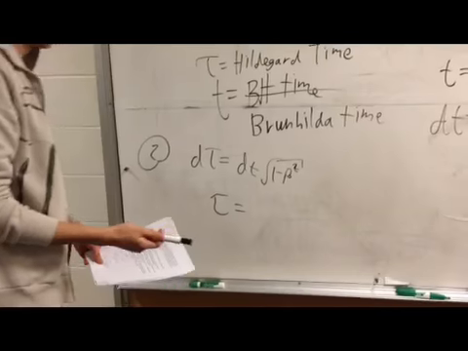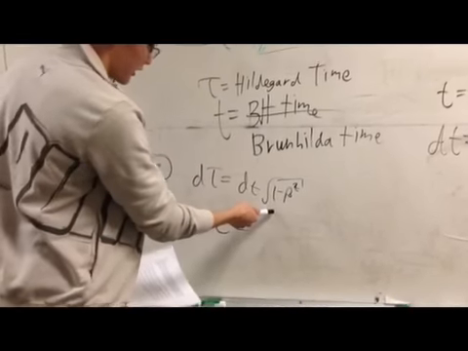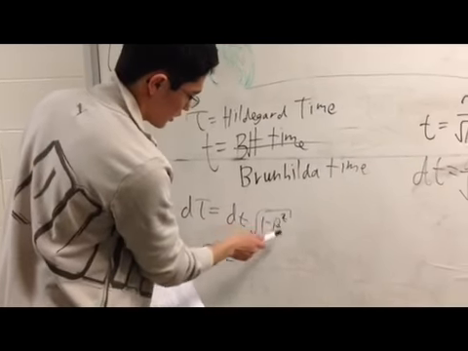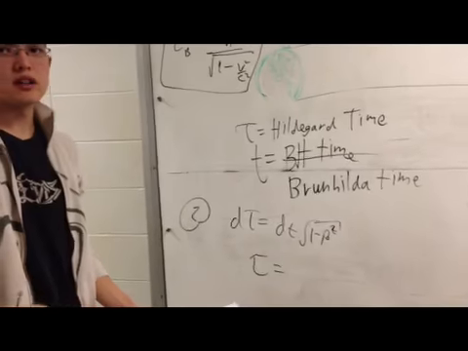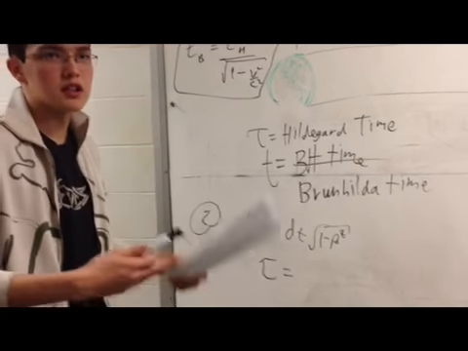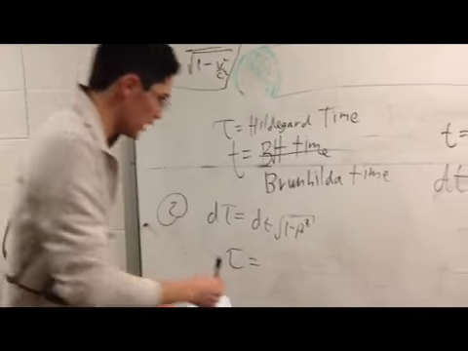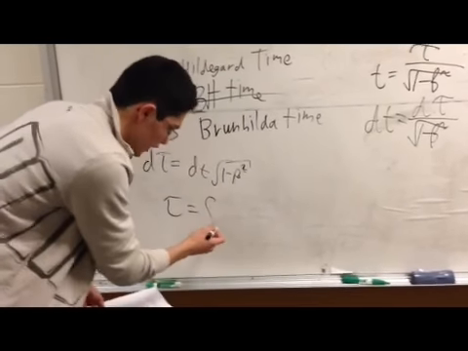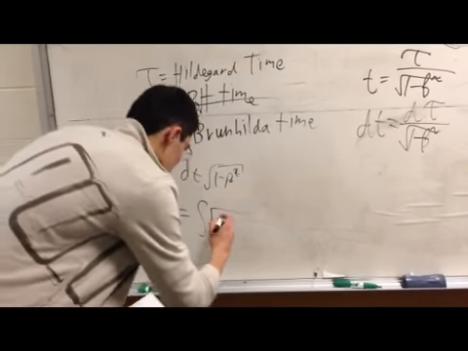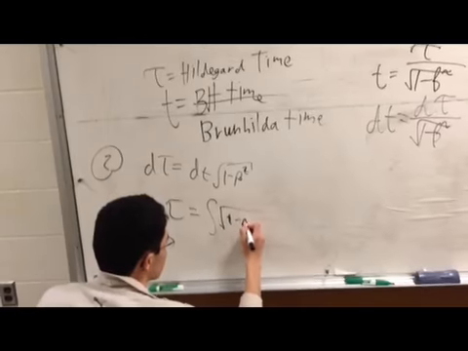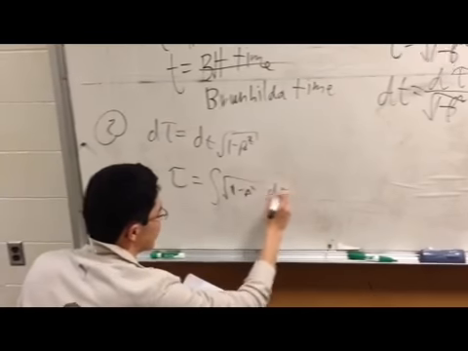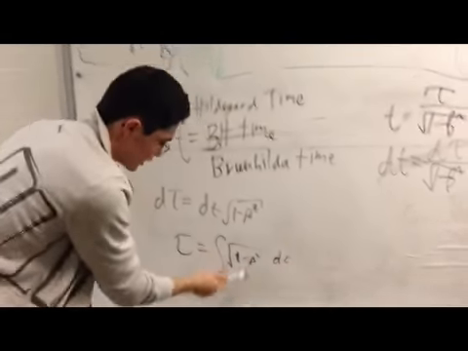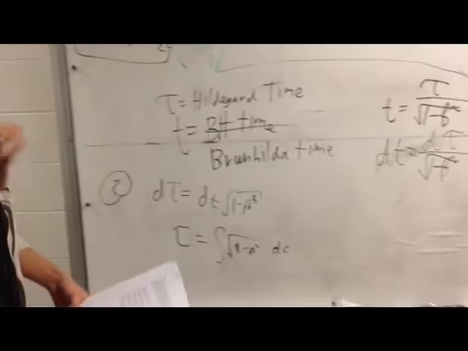However, we cannot simply integrate the square root of 1 minus beta squared times dt, because beta is not constant. The velocity is changing because the object is accelerating. So we just leave it for now, because we haven't learned how to do this. We leave it as the integral of the square root of 1 minus beta squared dt, because we know beta is changing and dt is also a very small amount of time.